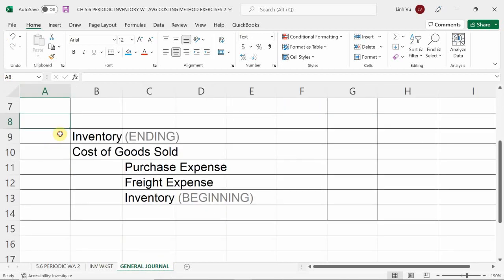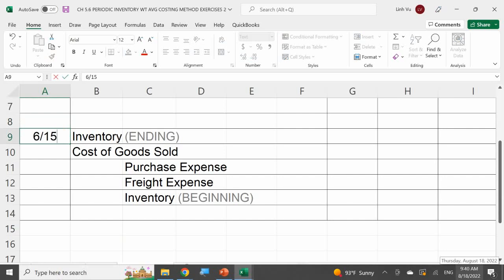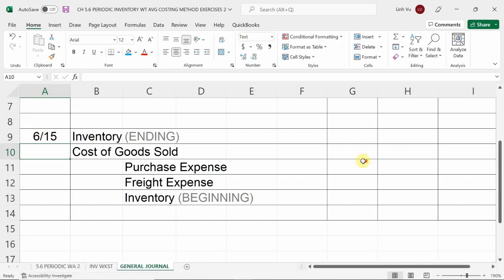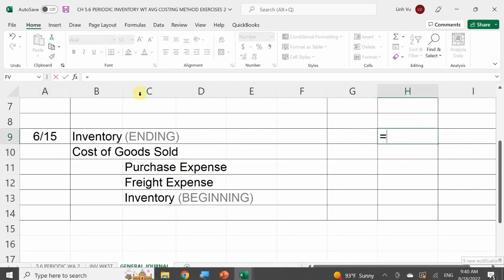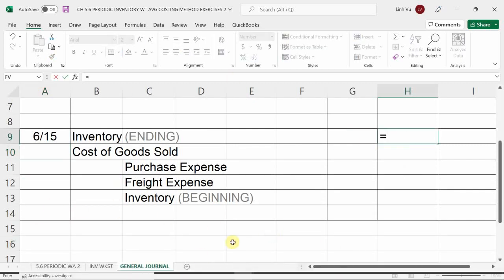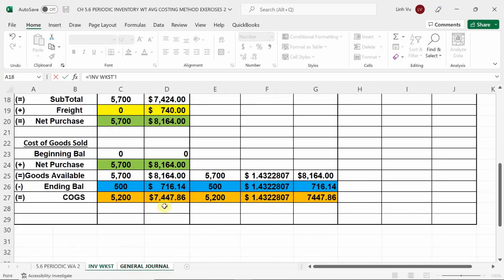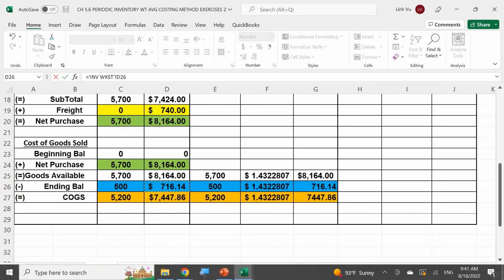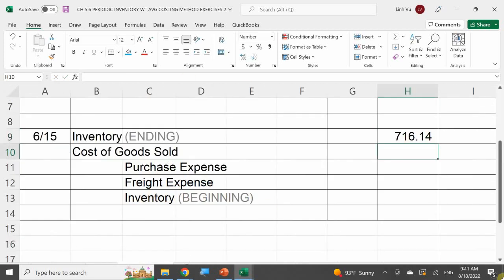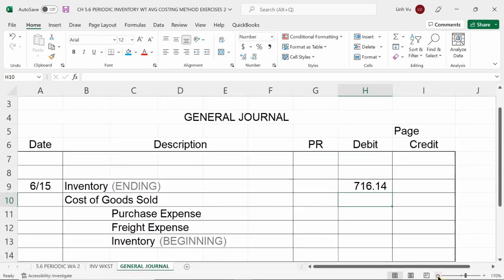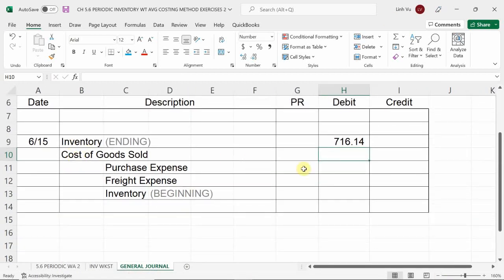So it's already filled in for you. It is June 15. What was the ending balance in our inventory? $716.14. Good. Okay. We have our cost of goods sold.